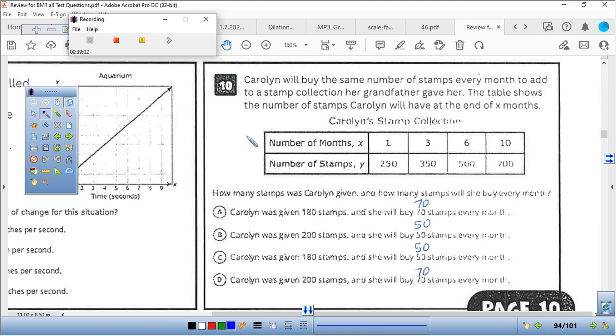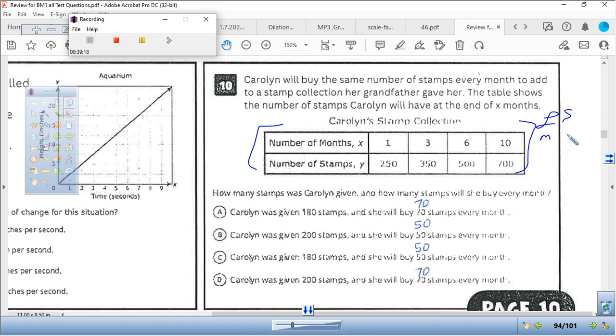Okay, so Caroline will buy some. Once you see this, boom. Seriously, don't even read this stuff. Think of spreadsheets. Once you see a table, a graph, anything with two coordinates. This is a coordinate here, and here's another coordinate.